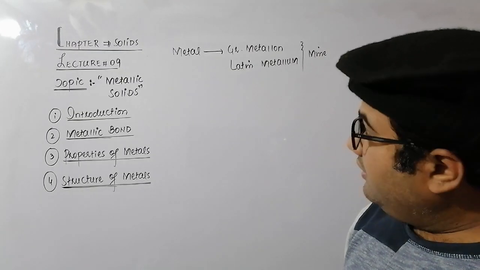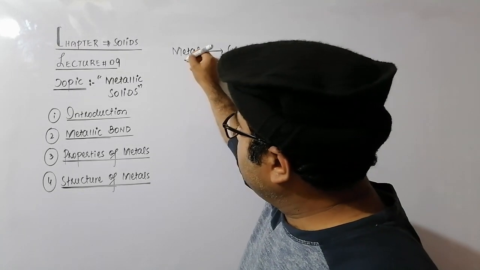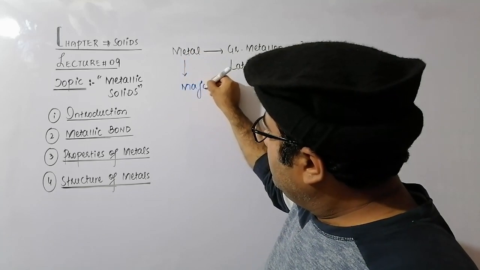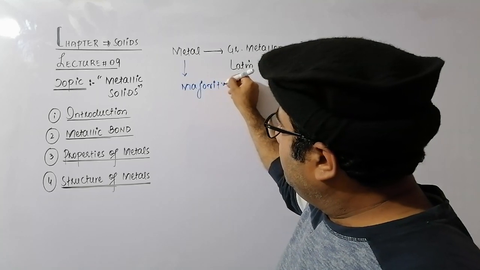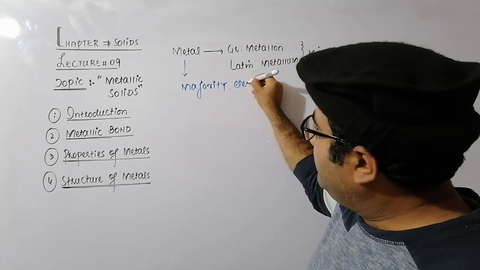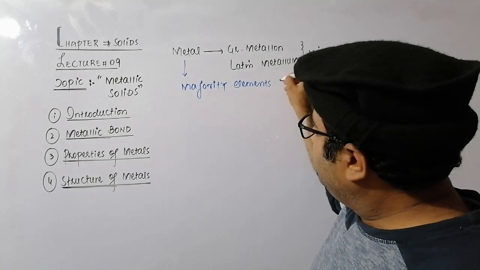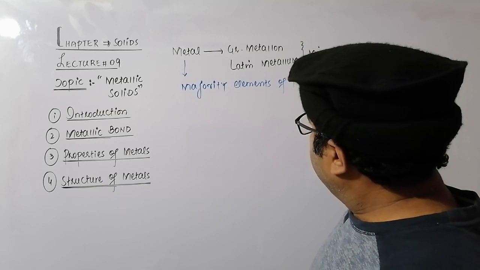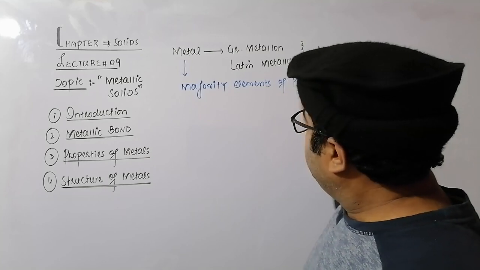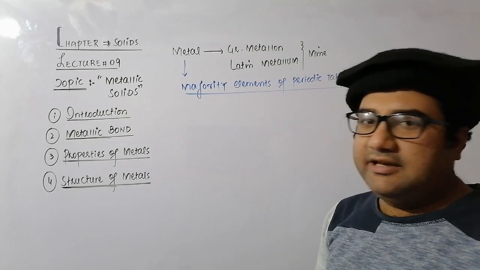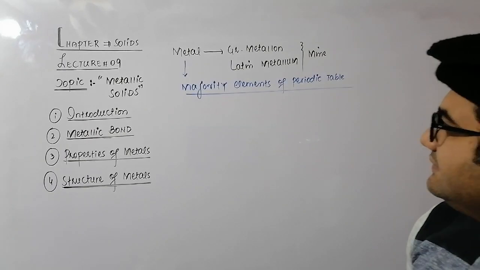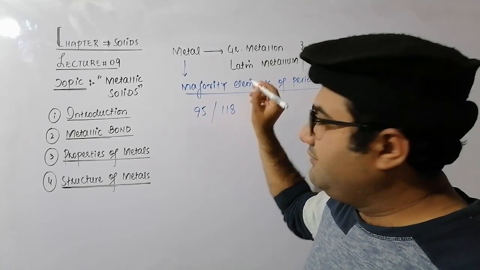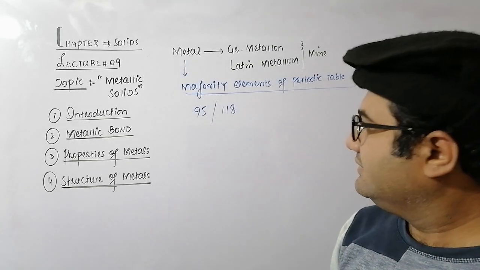Now you are very much familiar with the metals because metals are the majority of the elements of the periodic table. So you can say that most of the elements in the periodic table are metals. 95 out of 118 elements in the periodic table are metals.